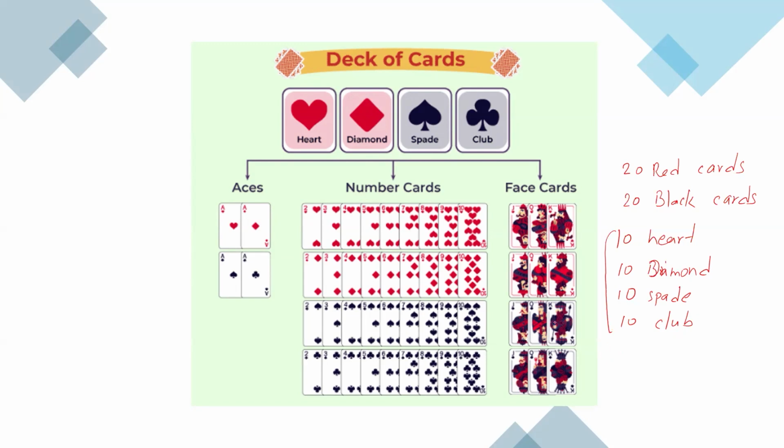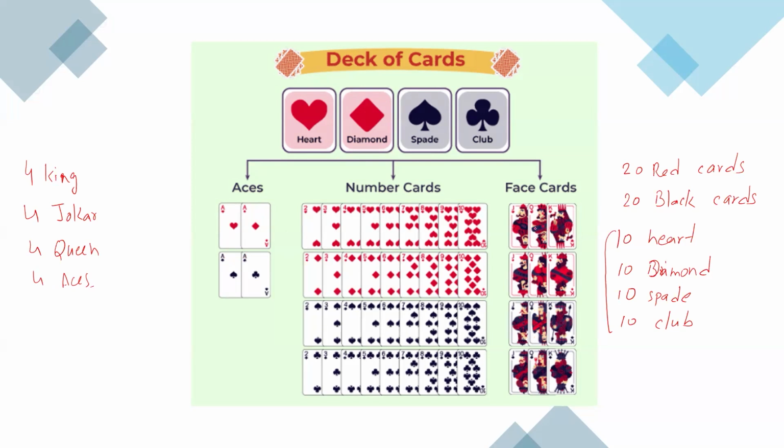These are one collection that is written over here. Other than this, you have some face cards: 4 king, 4 joker, 4 queen, 4 ace. So 1, 2, 3, 4. 4 ace, 4 joker, 4 king, and 4 queen.